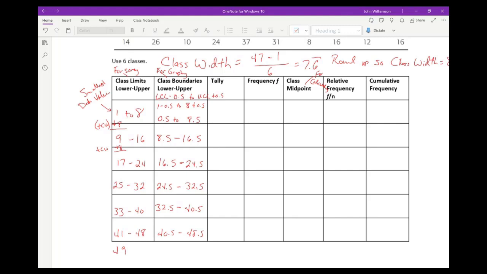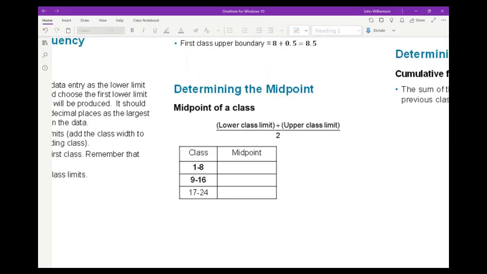So in this case, rather than using every single individual data value, you could use the summarized frequency table, but you would still need one number to represent that whole range of numbers. And so for us, we're going to use the middle, or the midpoint, to represent that. So to get the class midpoint, it's always going to be your lower class limit plus the upper class limit divided by 2.